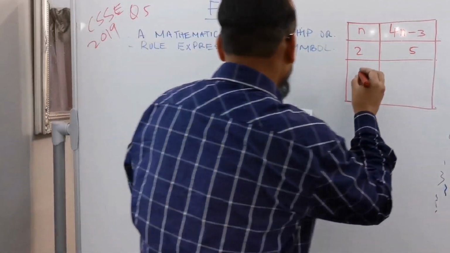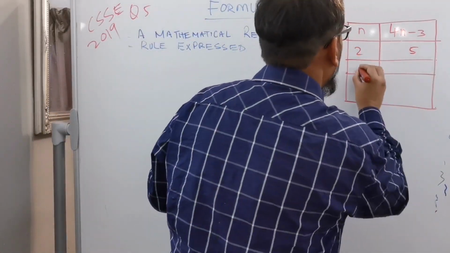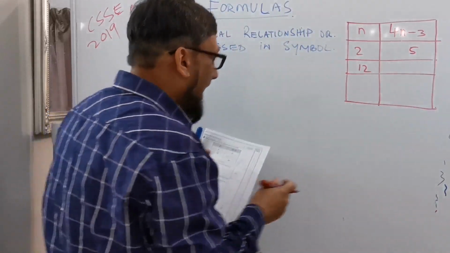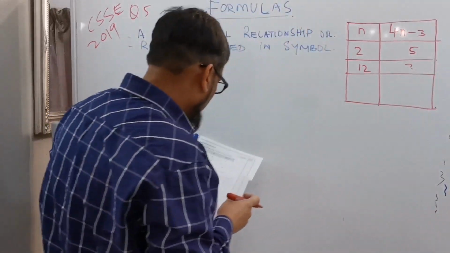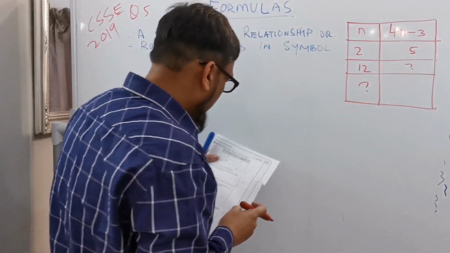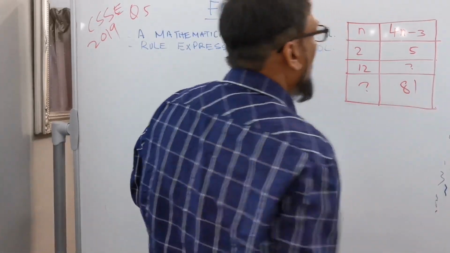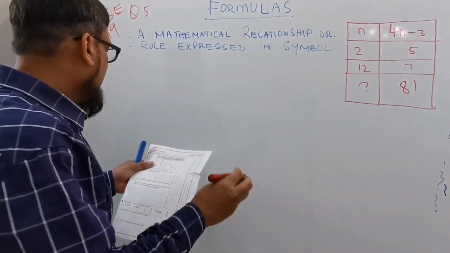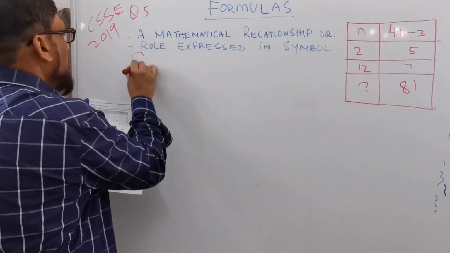The second one gives the value of n, and we need to find this one, and also this one, and they give you the value 81.